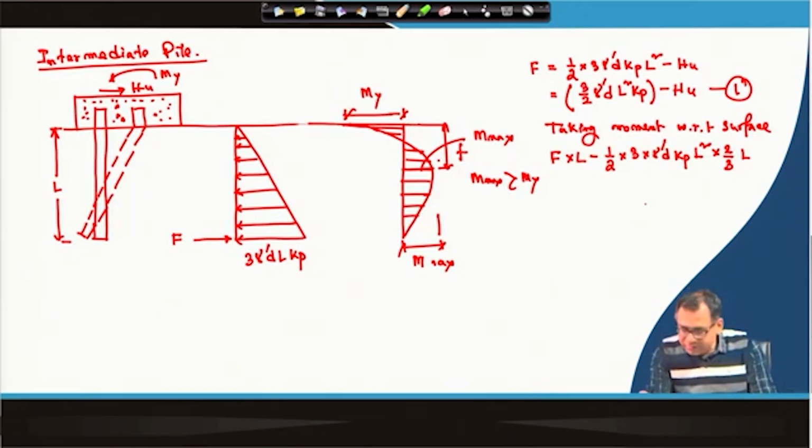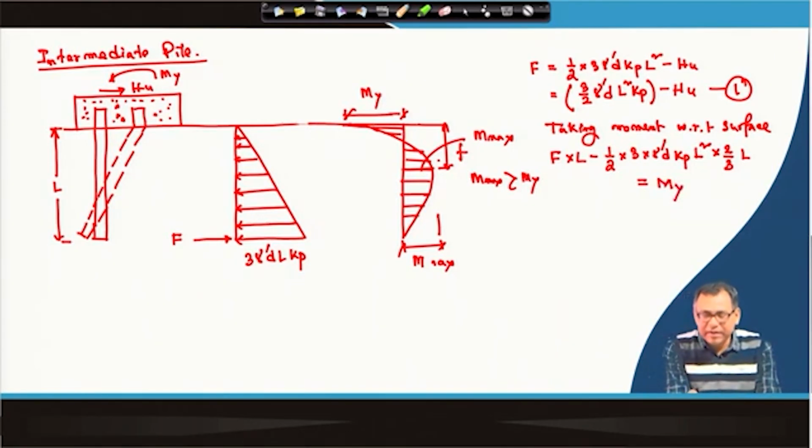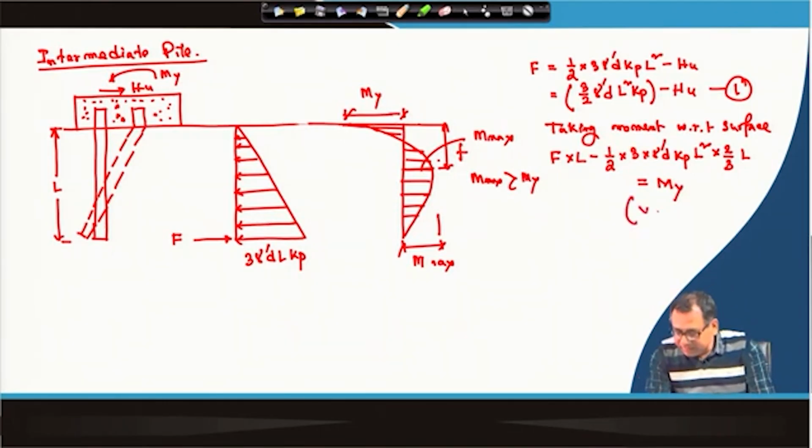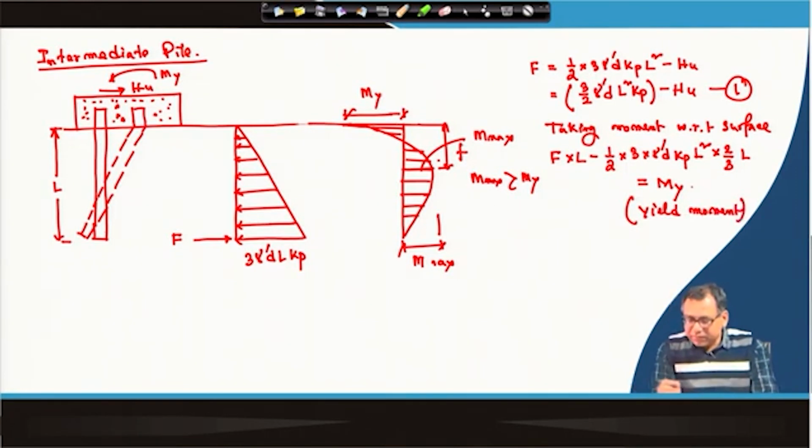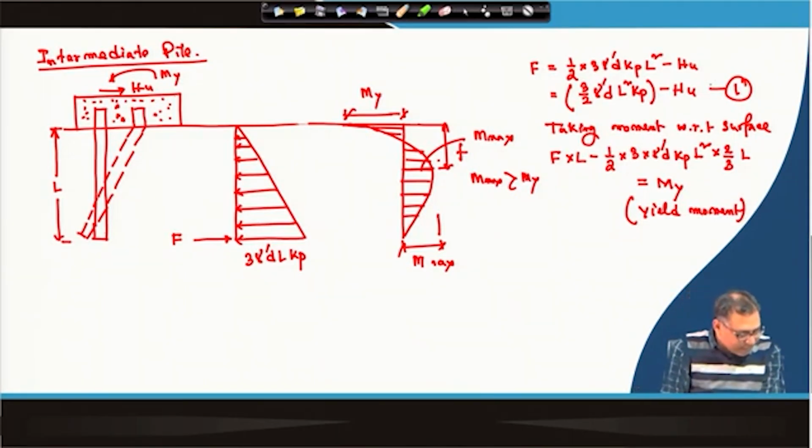This moment we are taking at the surface, and the surface moment is equal to M y, because at the surface the moment is the yield moment M y. Now we have to replace this F by equation number 1.